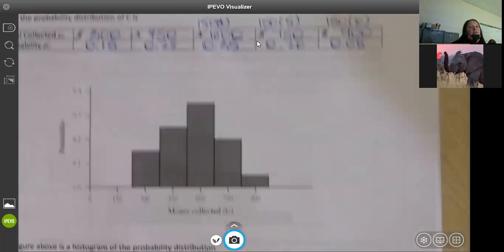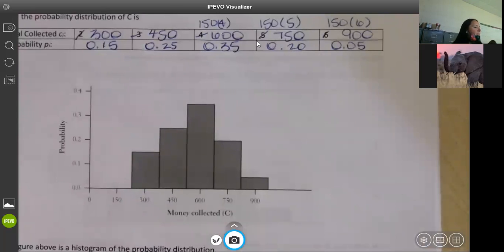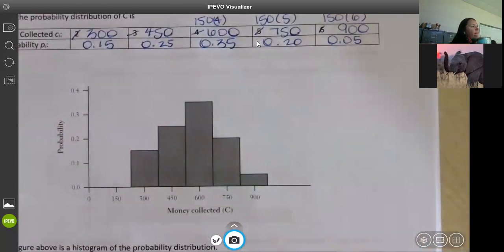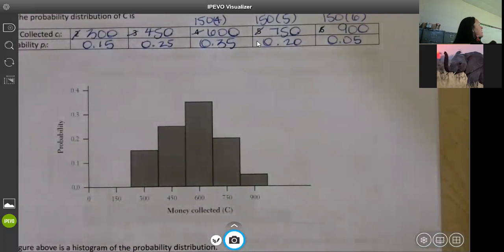So what do you see now? What's your shape? Why didn't it change? Multiplying doesn't affect shape, right? Correct. So our shape is going to be the same throughout this. What else? The spread.